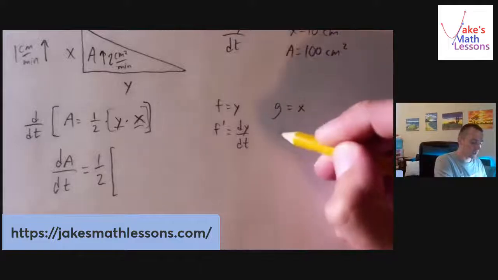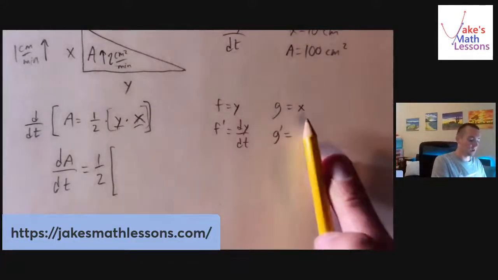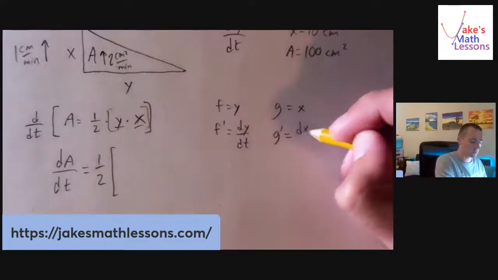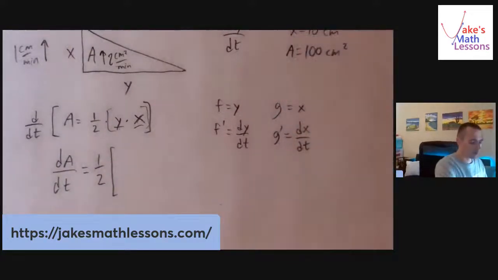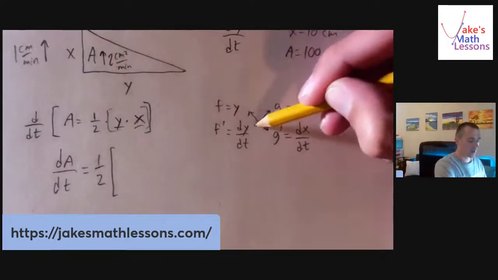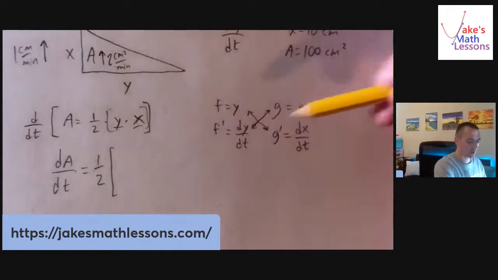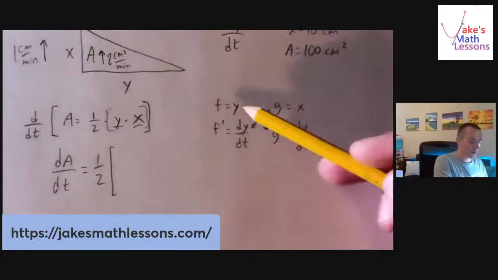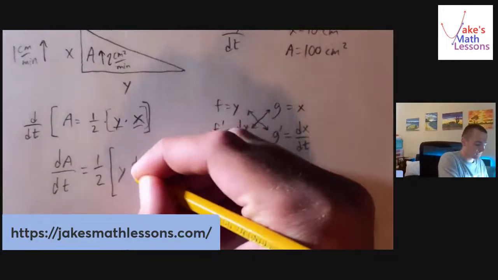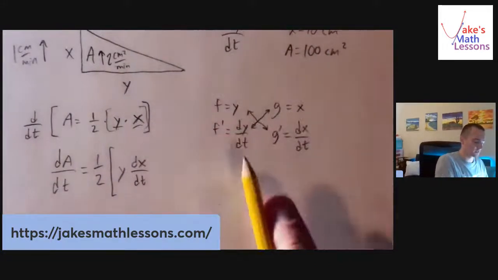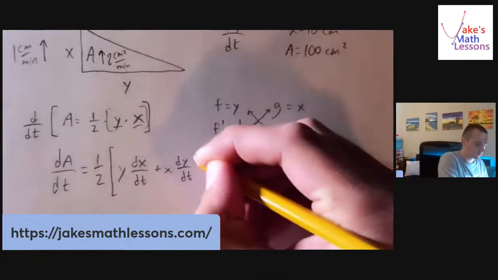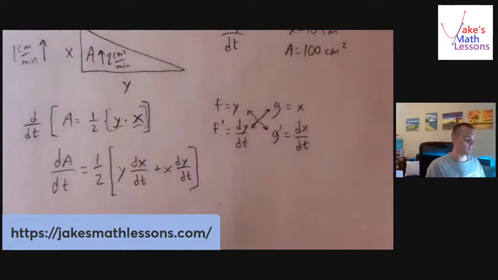And the derivative of x with respect to t, g prime, is dx dt. Now product rule says that we're basically going to cross multiply these. We take f times g prime, g times f prime, and add them together. So y times dx dt plus x times dy dt, and then we'll close our parentheses there.